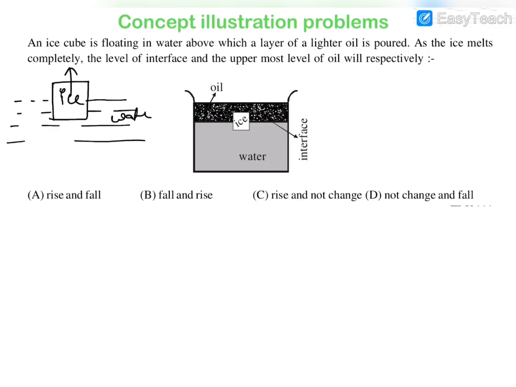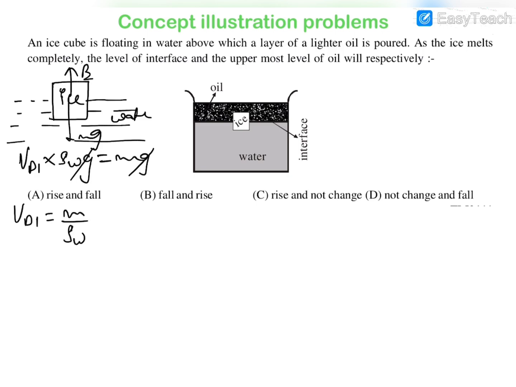So the buoyancy will be balancing mg of ice, and buoyancy will be Vd1, which is the volume of water displaced in the first case when the ice was floating alone, Vd1 into rho of water into g, and that is equal to mg. So we know that Vd1 is equal to m by rho w, and this is the exact volume displaced, which is equal to the volume of water formed due to melting. This we have already discussed previously.